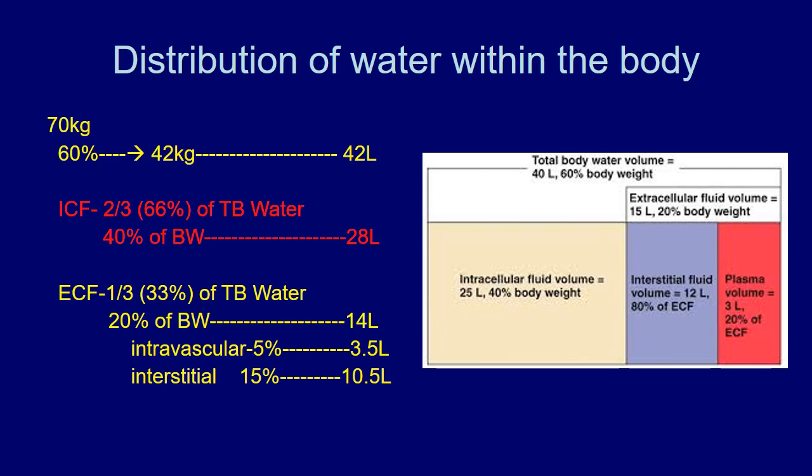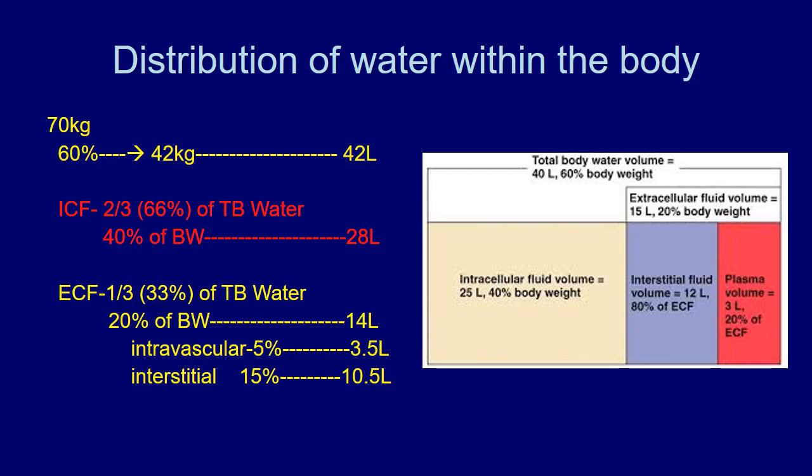Here also, if you look at this diagram, you will see 40% of the body weight, or 66% of body water, is in the intracellular fluid compartment, which is about 25 to 28 liters. Different references, different books would give different values. All you need to do is try and get the big picture into your mind.